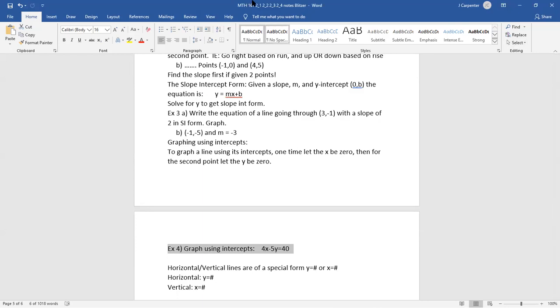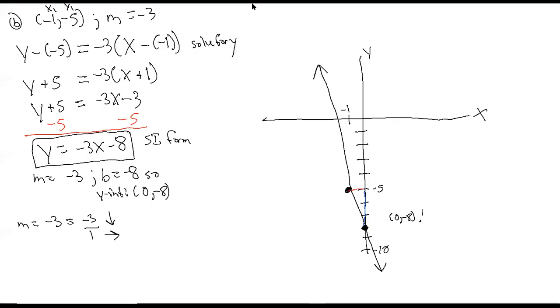All right, whiteboard. Example 4. This was graph 4x minus 5y is equal to 40, I believe. So here's what I like to do.